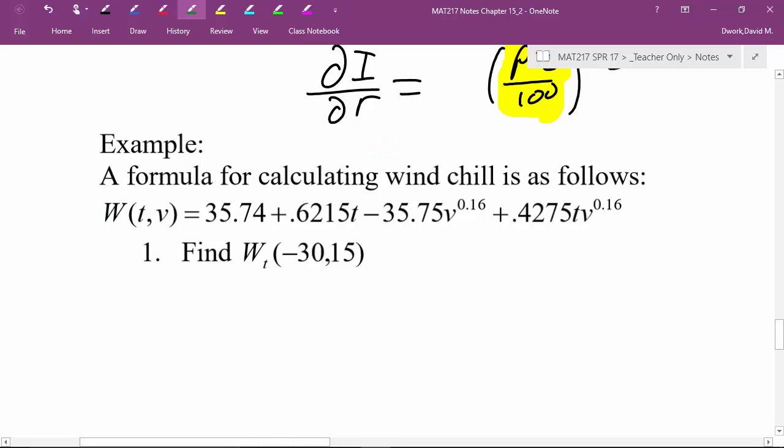Now, let's do it. Let's find W sub t. Well, what does that mean? Right? Use the words. Here are the words. This is the partial derivative of W with respect to t.